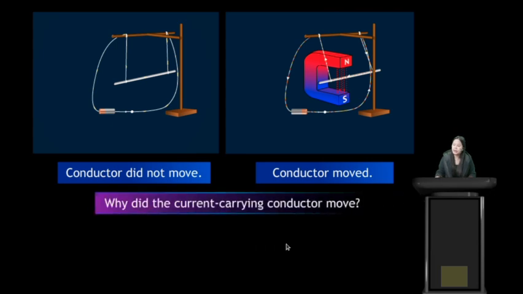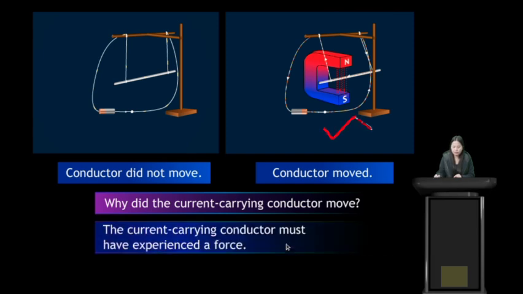So our question is, why did the current carrying conductor move? If you can recall, we have just seen that the needle moves in the direction in which the force is applied. So here in the second case, the conductor must have experienced a force, because an object needs to experience a force in order to come in motion.